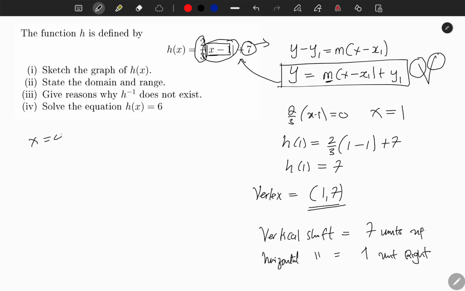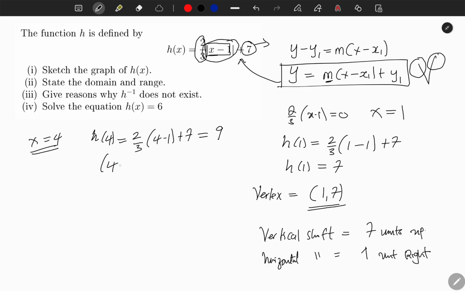If I pick x equal to 4, for example, which is on the right side, what is the corresponding value of y in this case? We say h of 4 is equal to 2/3 times the absolute value of 4 minus 1, plus 7. When you work this out, the 3 and 3 cancel, 2 and 7, you get 9.